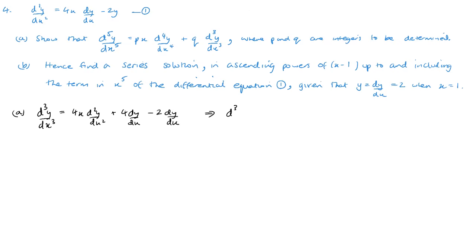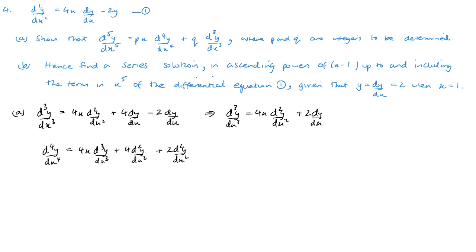And that is d3y by dx cubed is equal to 4x d2y by dx squared plus 2 dy by dx. Right, differentiating this, we get d4y by dx to the power 4 equals 4x d3y by dx cubed plus 4 d2y by dx squared plus 2 d2y by dx squared.